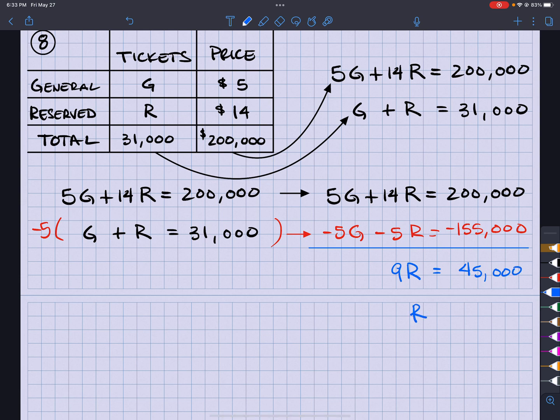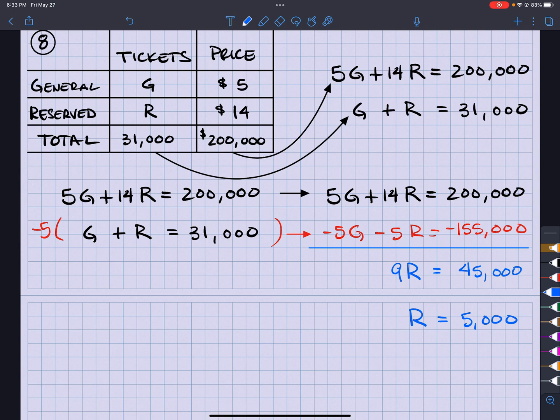So divide by 9, then my R is going to be 5,000 tickets. So there are 5,000 reserve tickets.